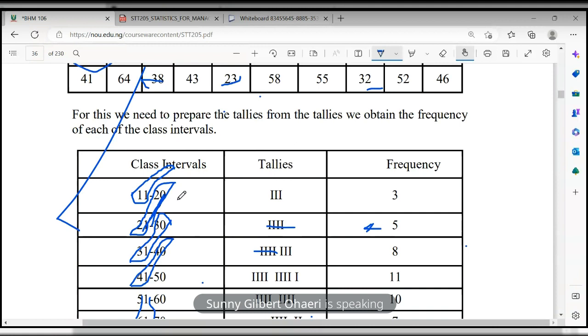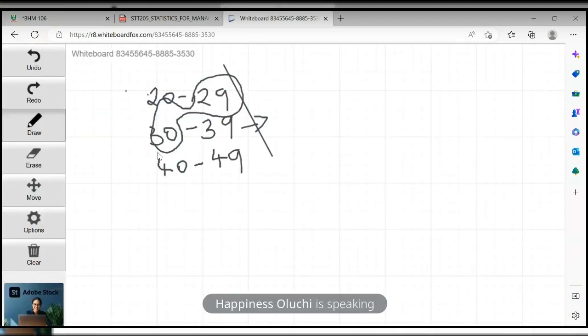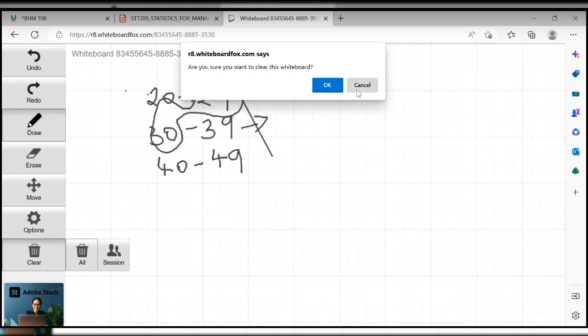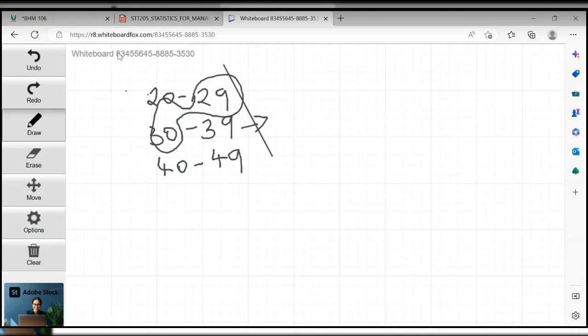It's not the same thing. It's just reverse. You have to reverse it. If you reverse, you still get the same answer. No, this one, sir, look at it very well.